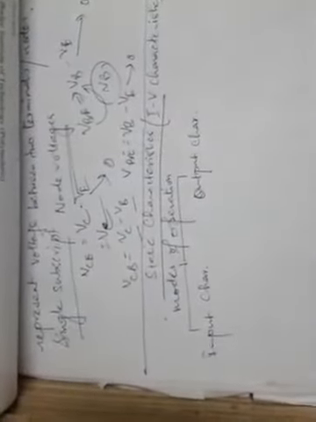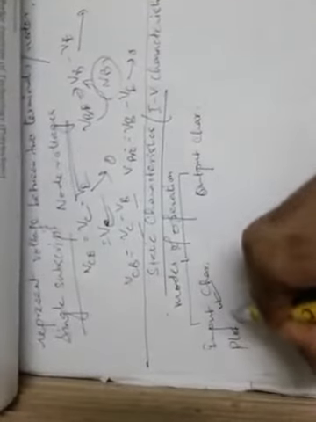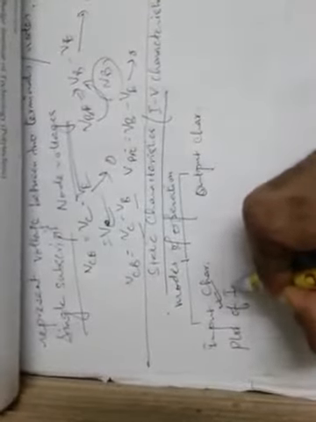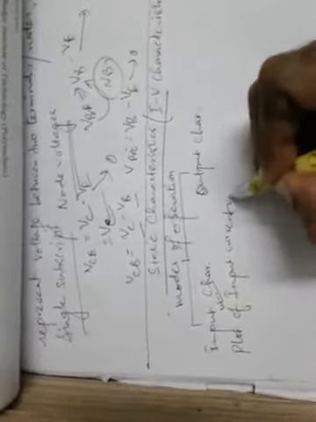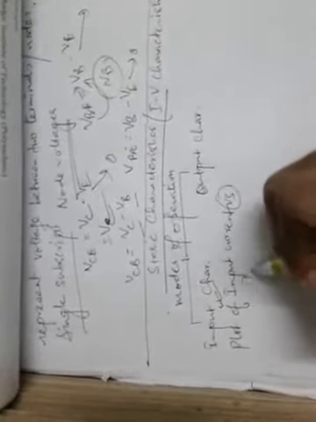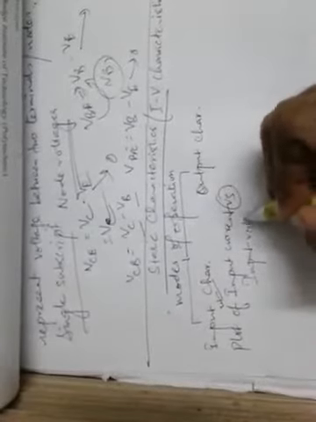Now, what are input characteristics? How to plot the input characteristics? It is the plot of input current versus input voltage. The plot between them is called input characteristics, with output voltage as a parameter for the particular mode of operation.